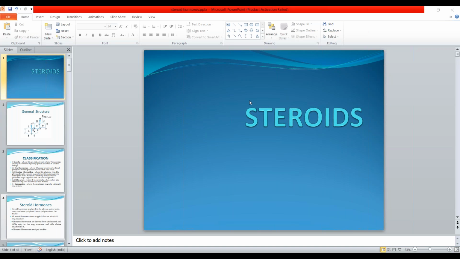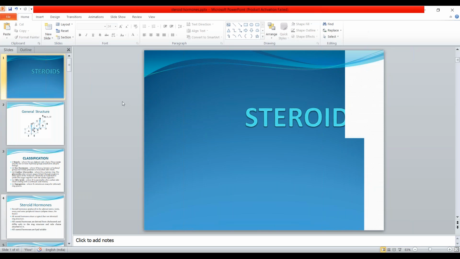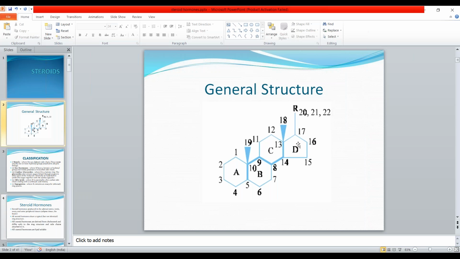Yes. Okay. So this is the general structure of steroids, and you see that it has 4 rings, A, B, C, and D. Amongst these 4 rings, rings A, B, and C are 6-membered rings, while ring D is a 5-membered ring system.